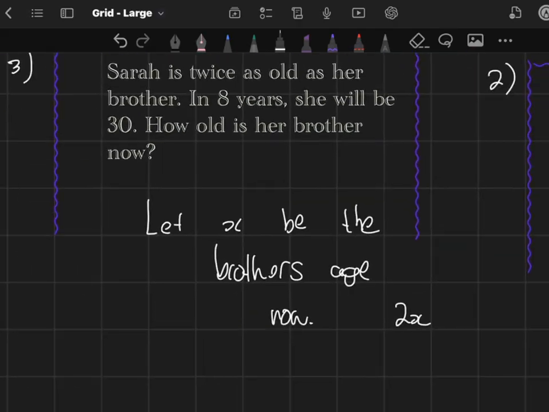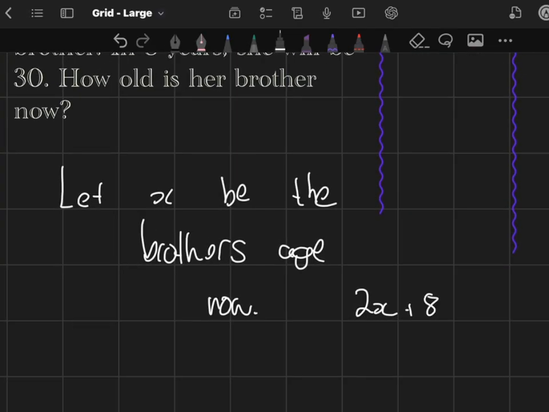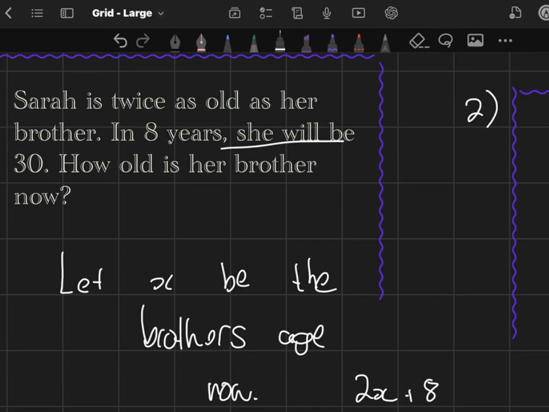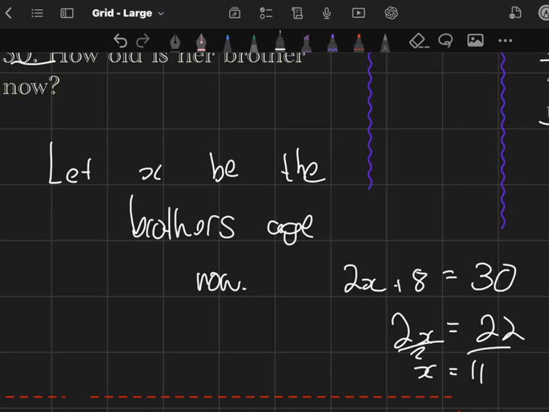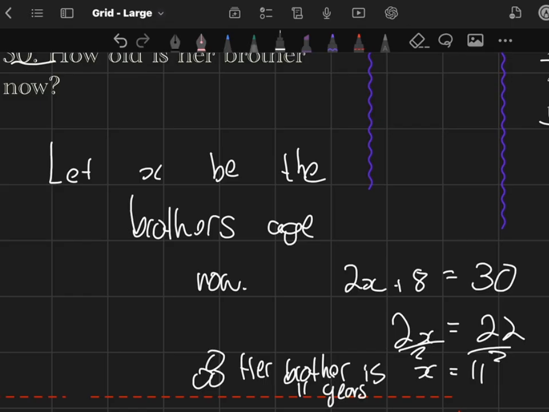It's asking in 8 years, so we add 8, and it's saying that she will be 30, meaning that this will become equal to 30. 2x will then be equal to 22, where x is equal to 11 when everything is divided by 2. Therefore, her brother is 11 years old.